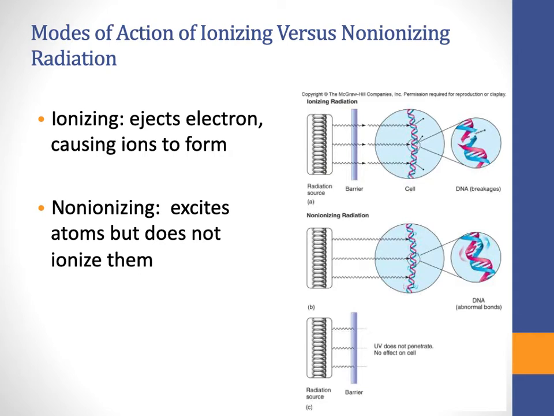So it's important to keep in mind that what happens to the DNA is different between ionizing radiation and non-ionizing radiation. Okay, and then we also have UV radiation, but that's not able to penetrate very well past surfaces, so you wouldn't be able to get deep tissue effects.